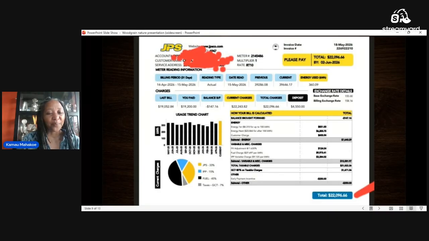People always complain that at Christmas time they get a huge, hefty bill because you have lots of family gatherings. Back in the day we used to have more decorations. People are not so much into the Christmas lights anymore. Some people still do it, but generally it's the festive season, lots of things happening. You tend to use a little more electricity.